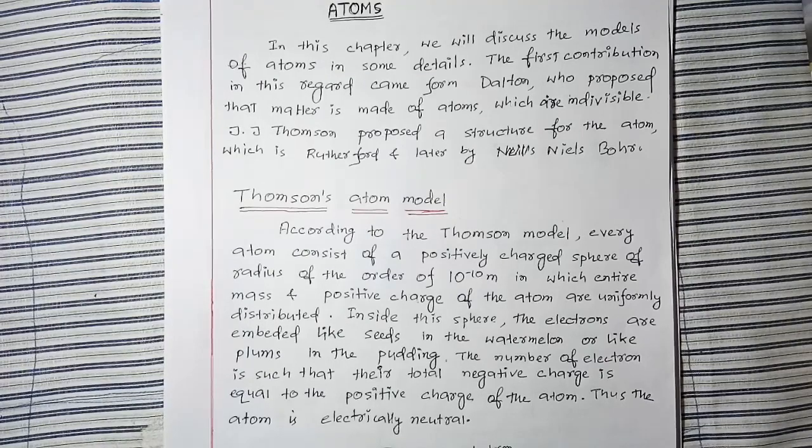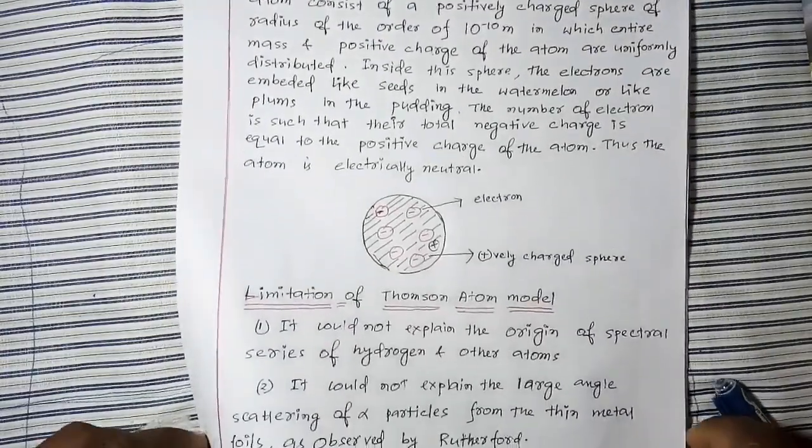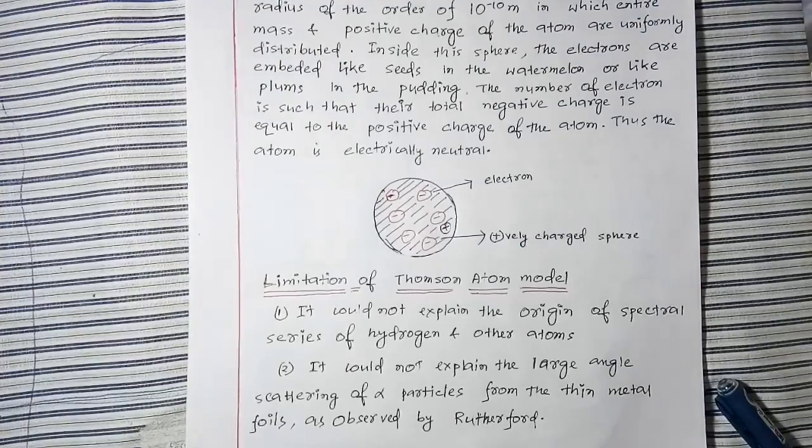In a similar way, in an atom, the whole positive charge is uniformly distributed, and the negative charges are embedded over it, like the seeds in the watermelon. Is it okay? And in this case, the total positive charge is always equal to total negative charge of the electrons, and that is why the atom is electrically neutral.